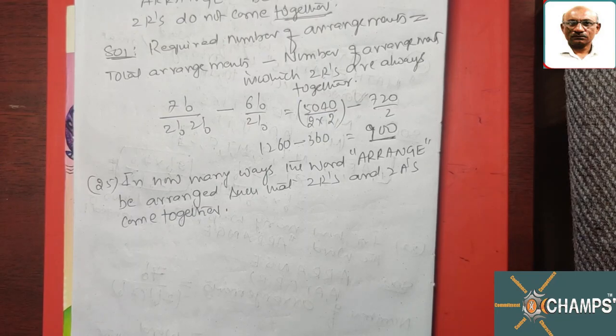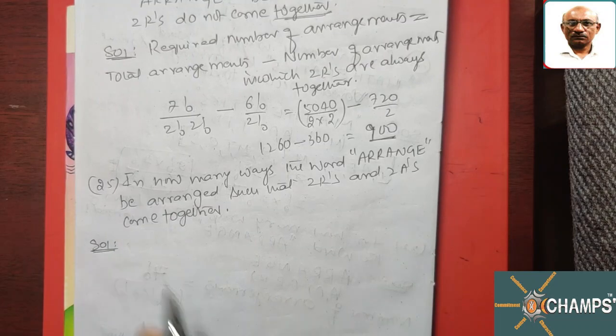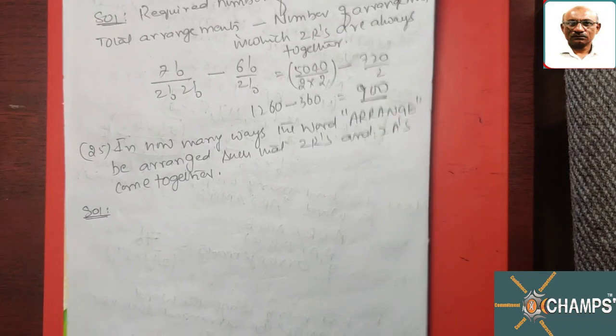This is the question, sir. See the solution. 2 R's and 2 A's come together.